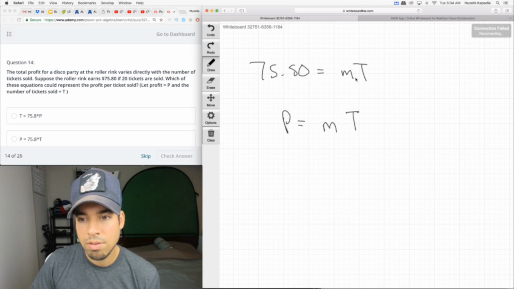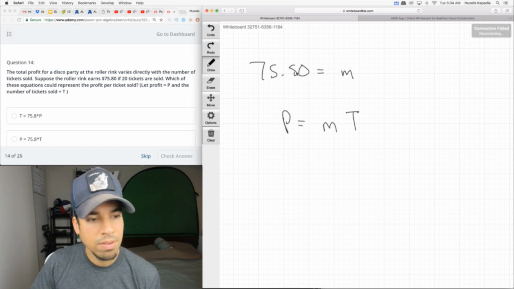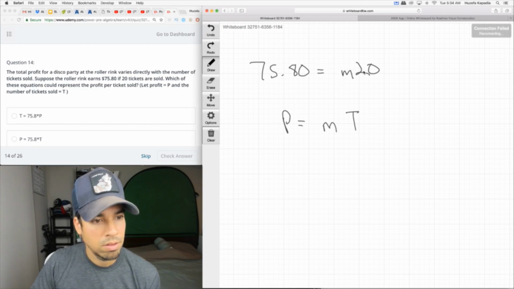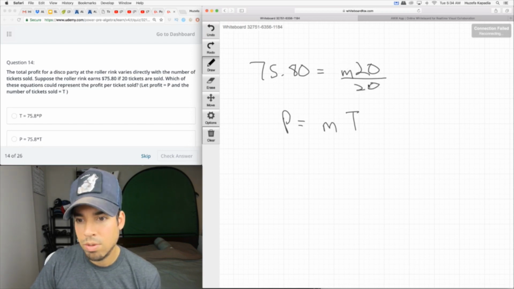But we have to solve for this m value. And the way we do that is we know that it's $75.80 when t equals 20. So now to get this per ticket cost, we have to divide by 20.